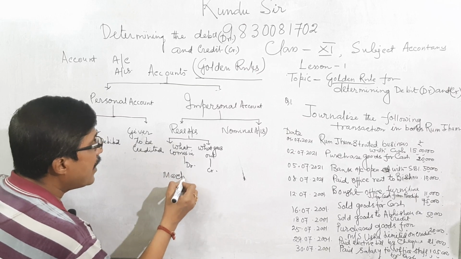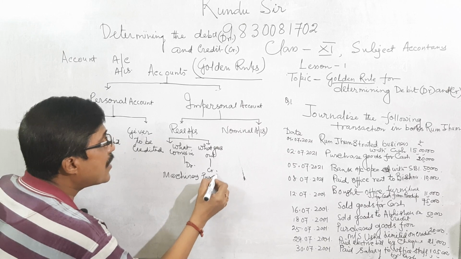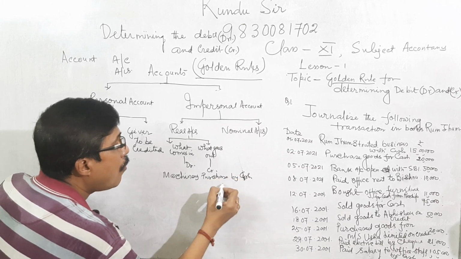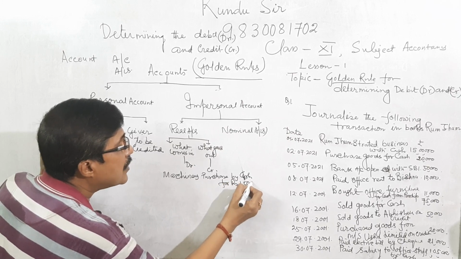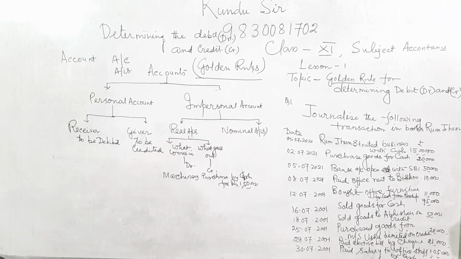Now for real account: machinery purchased by cash for rupees 1,50,000. So what will be the entry? We are getting machinery.